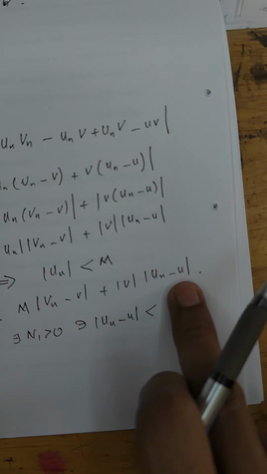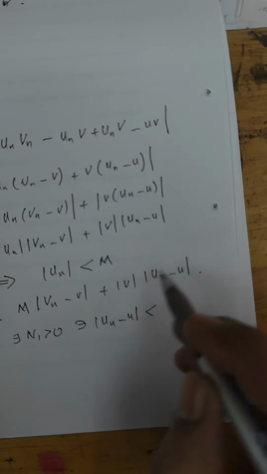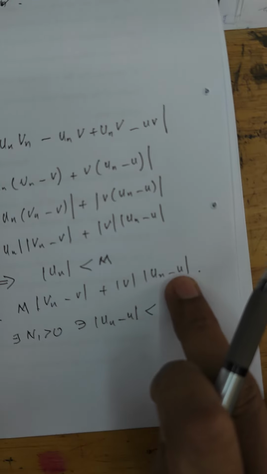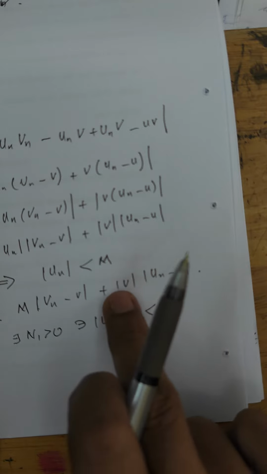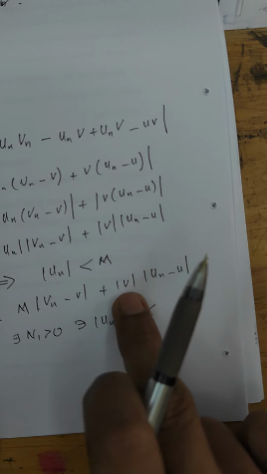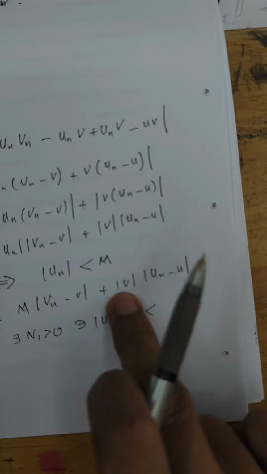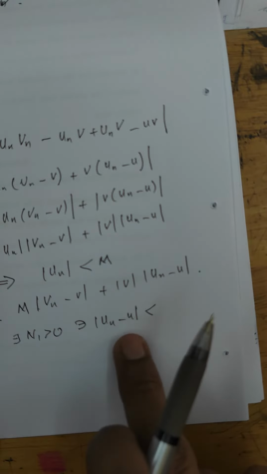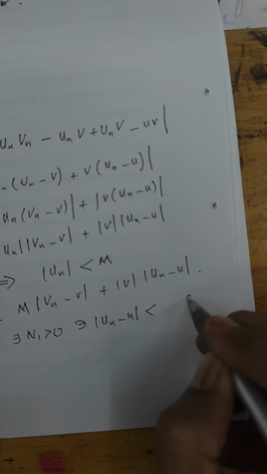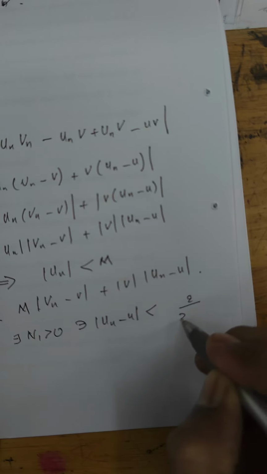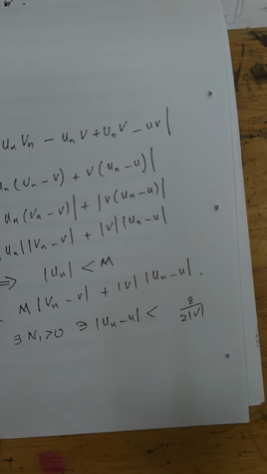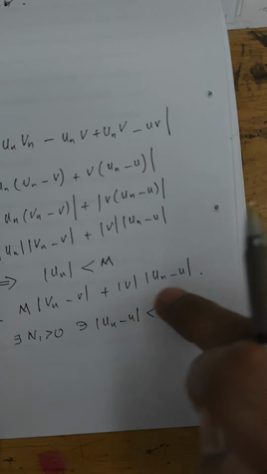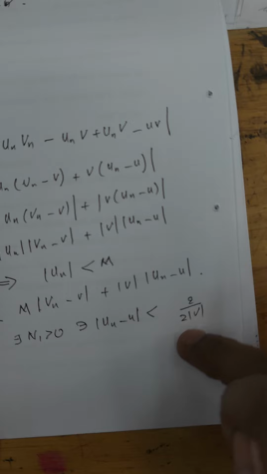For un, we need this part here because we have two terms. Basically what we want is epsilon over 2, epsilon over 2. But we have this constant in front, the v, so we choose epsilon over 2v. So that when we plug in there, those v cancel out. What is left is epsilon over 2.